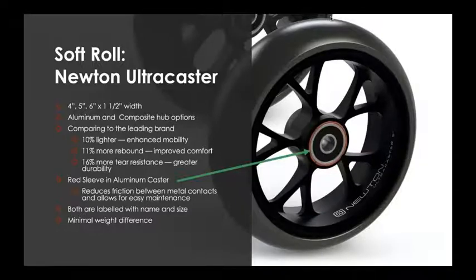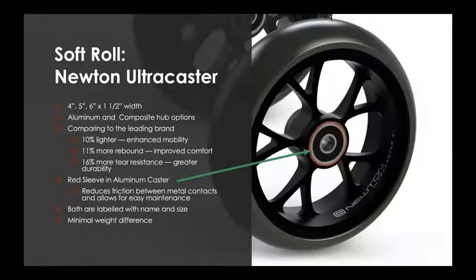Also, you'll notice the difference: the caster in the back that you can't see very well is the composite hub, and the caster in the front is the aluminum hub. One of the things we want to point out is the way you can tell the difference on the Newton Ultra caster is the aluminum hub has that small red sleeve in there. All that sleeve does is make it easier for maintenance and keep the bearings from seizing up against the metal on metal.